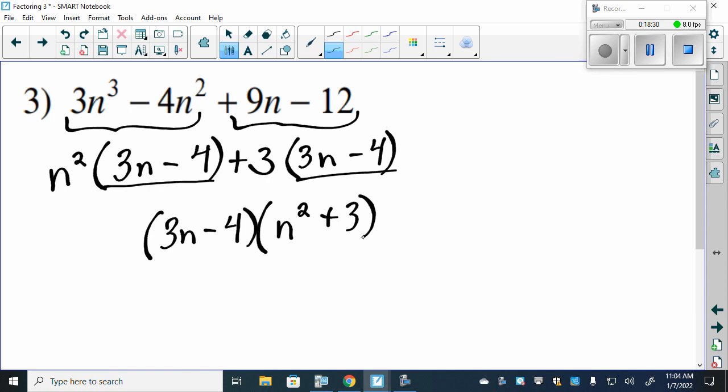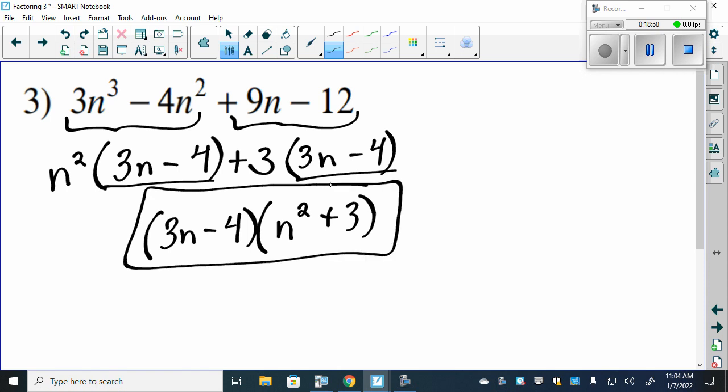So we need to make sure and look at it to see if it will factor. Because if the degree is 2 or greater, we need to double check to make sure that it won't go any farther. Well, we only have 2 terms, n squared plus 3. Well, the only way that we have 2 terms and it factors is if it's a difference of perfect squares. Well, this one's not, so this is actually as far as we can take it.